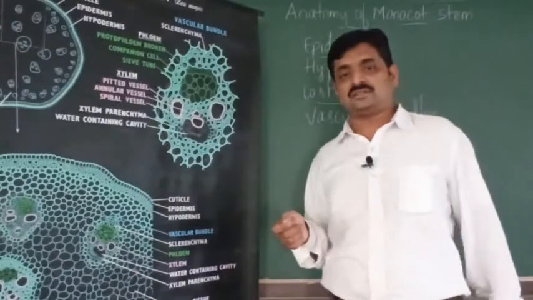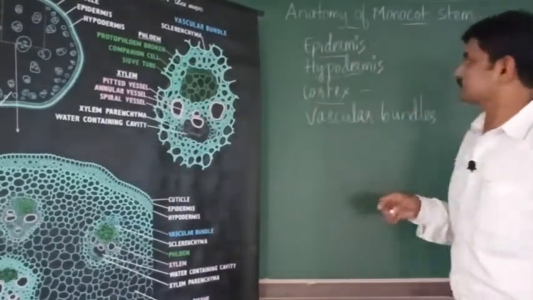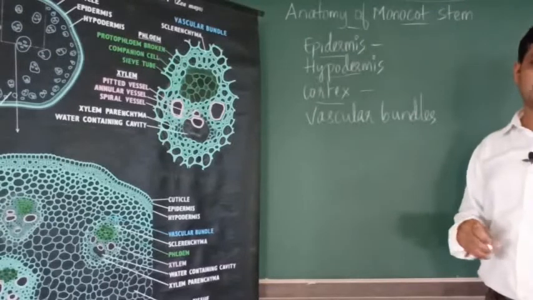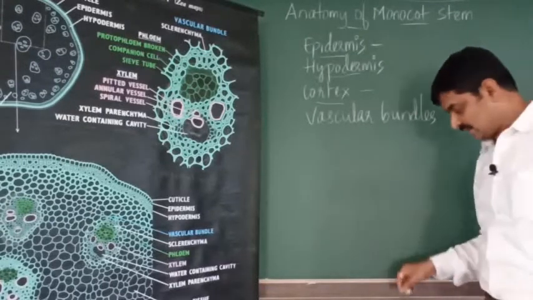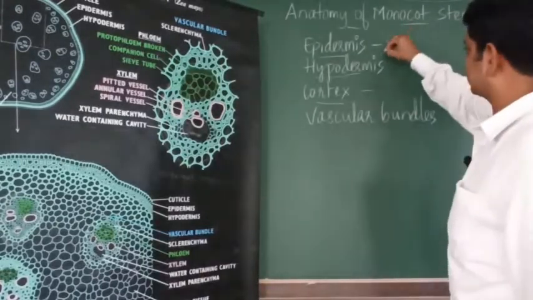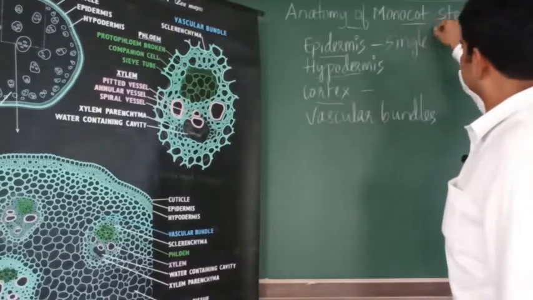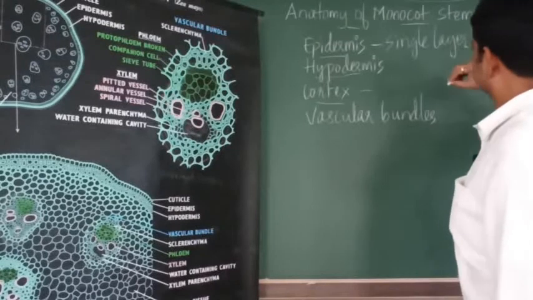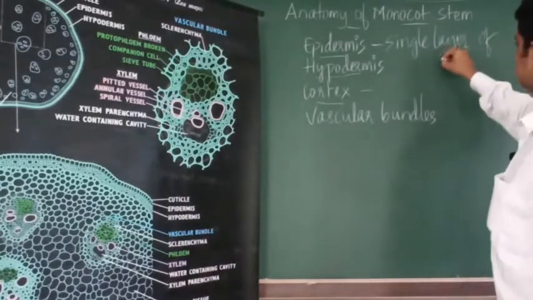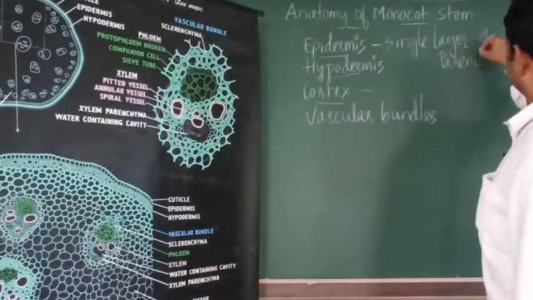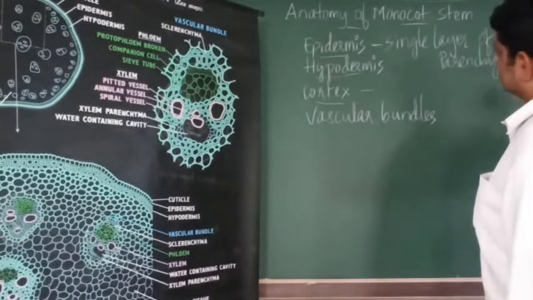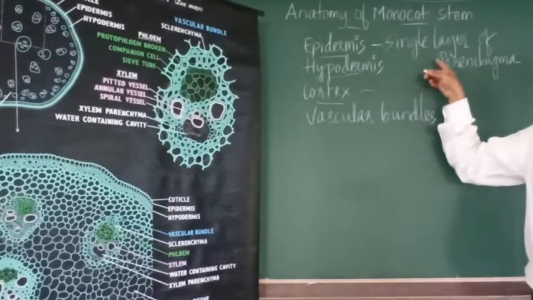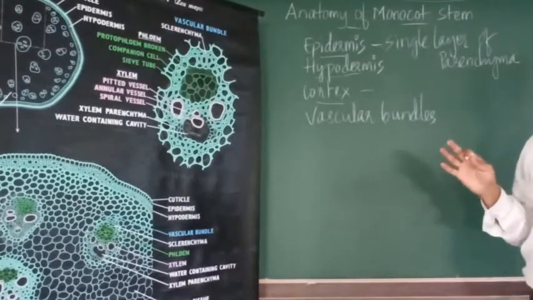So we shall revise this in brief. The outer covering is epidermis, which is composed of a single layer of parenchyma cells. So it is the outer protective covering.